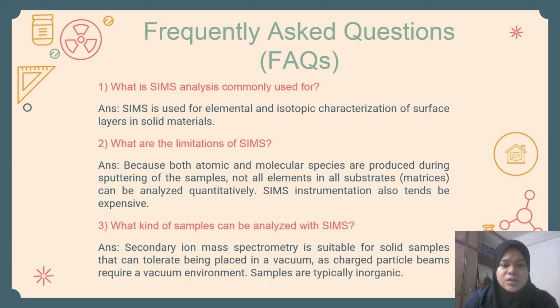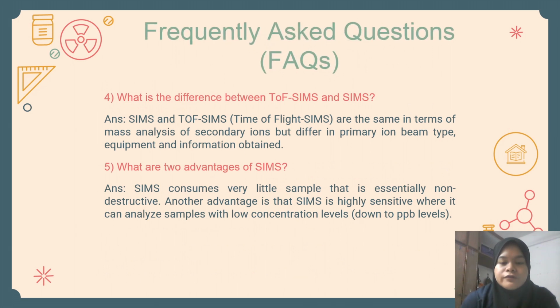The third question is, what kind of samples can be analyzed with SIMS? The answer is that it can be used for solid samples that can tolerate being placed in a vacuum. This is because charged particle beams require a vacuum environment, and the samples used are typically inorganic. Moving on to the fourth question, which is, what are the differences between time of flight SIMS and SIMS?